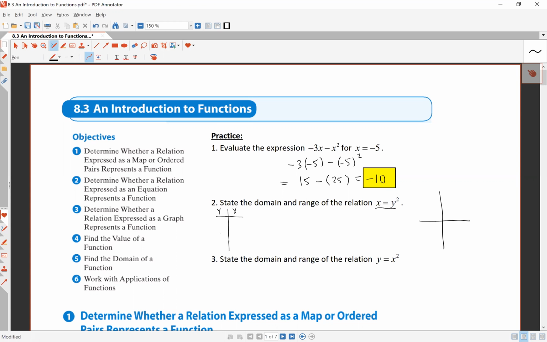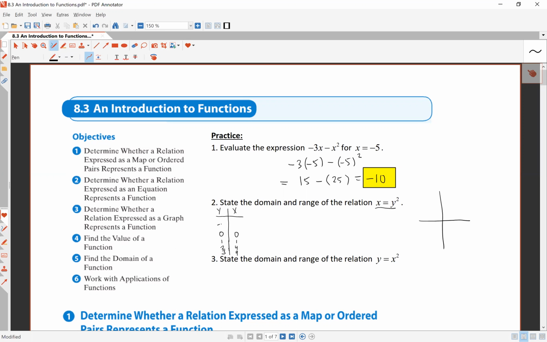If we substitute a y value of 0 in, then x is equal to 0 squared, or 0. If we substitute y equals 1, then x equals 1 squared, or 1. If y equals 2, then we get 2 squared, which is 4. If y equals 3, then x is equal to 3 squared, or 9.